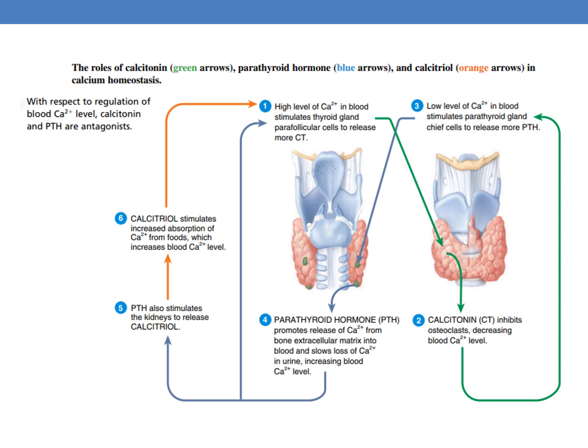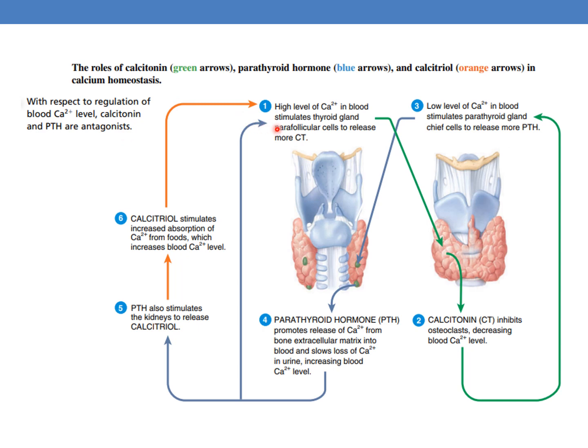In this diagram, we will discuss the role of calcitonin, parathyroid hormone and calcitriol in calcium homeostasis. Calcitonin is given by green arrows, whereas parathyroid hormone is indicated with blue arrows and calcitriol with orange arrows. With respect to regulation of blood calcium levels, calcitonin and PTH are antagonists.